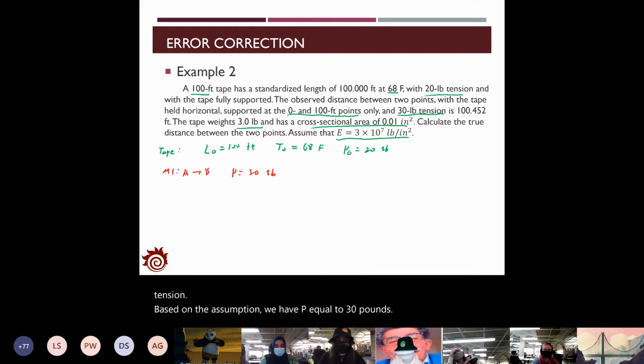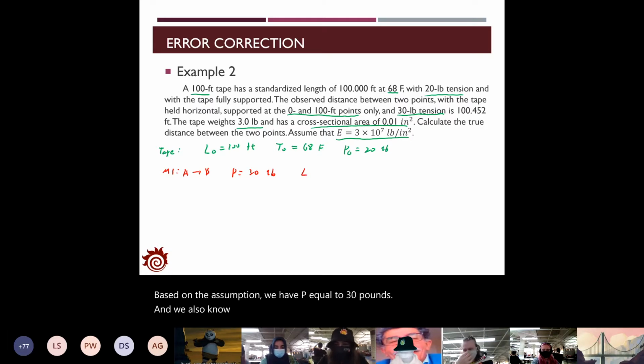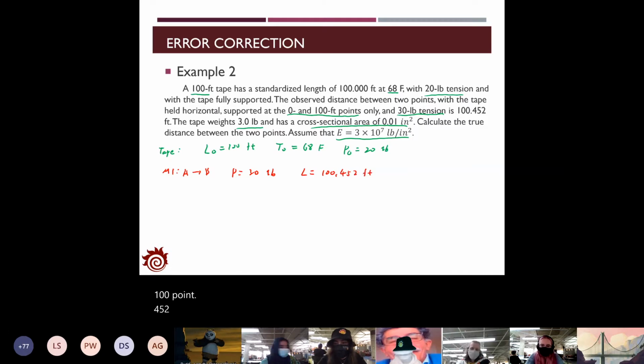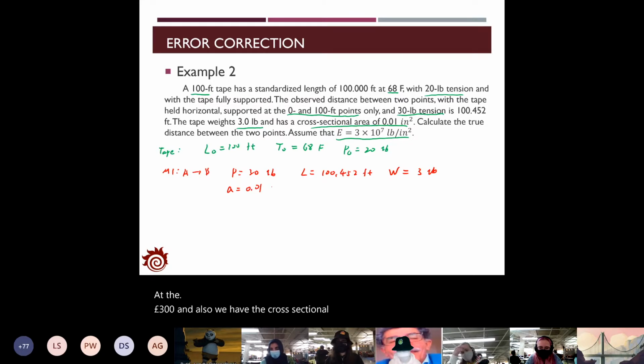We also know the distance we measured is L equal to 100.452 feet. We know the weight of the whole tape as 3 pounds, and the cross-sectional area as 0.01 square inch.